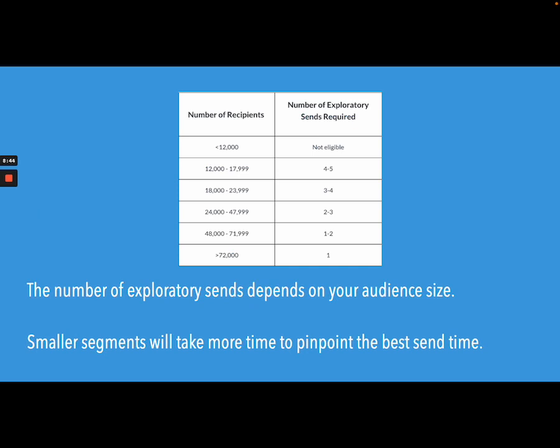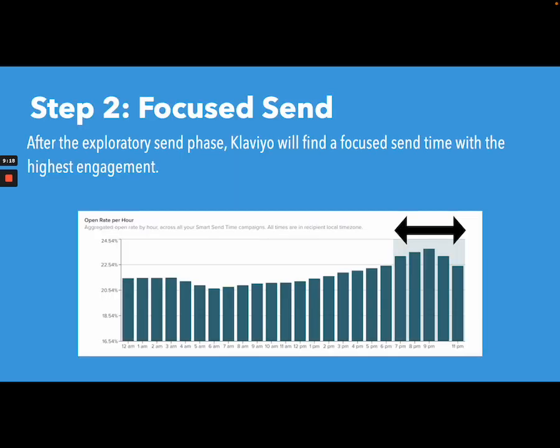If you have an audience size of higher than 72,000, I don't know how they come up with this specific number, but if you happen to have an audience that large, you would only take one send for them to figure this out, obviously, because there would be 3,000 people in each single hour segment, so it's going to be pretty conclusive. But obviously, if you only have, say, 12,000, you may have to do it up to 4 or 5 times for this process to work. And obviously, smaller segments will take more time. So that's step 1, and that's called an exploratory send.